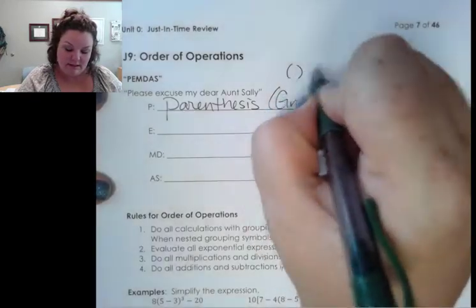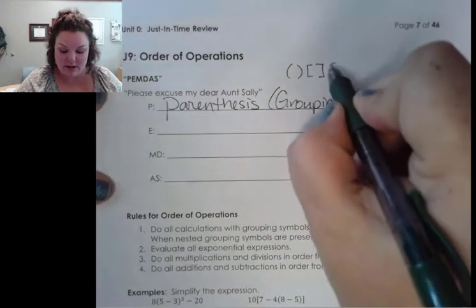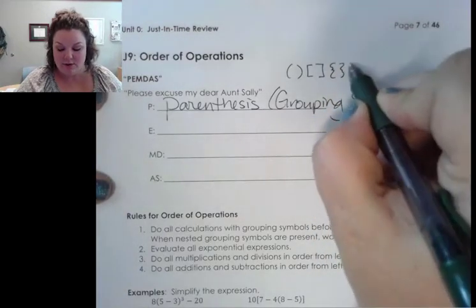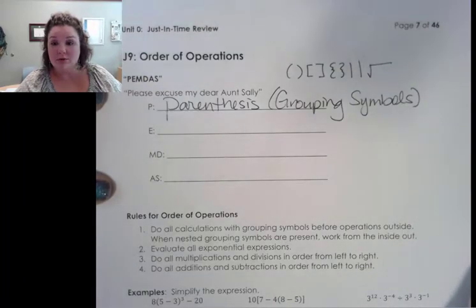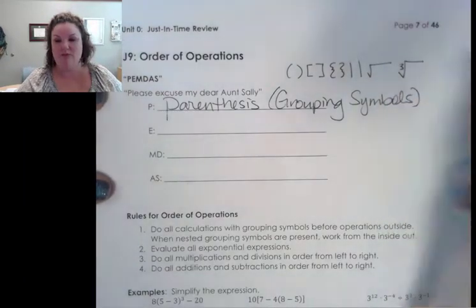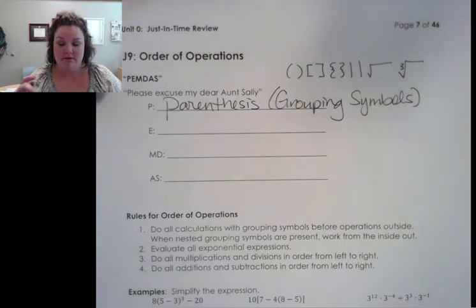It could be parentheses, brackets, curly braces, absolute value, square root, cube root, okay? Anything that we are able to collect several terms within kind of falls into this parentheses level of order of operation, okay?